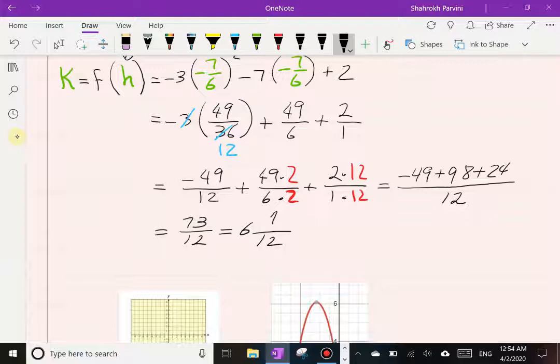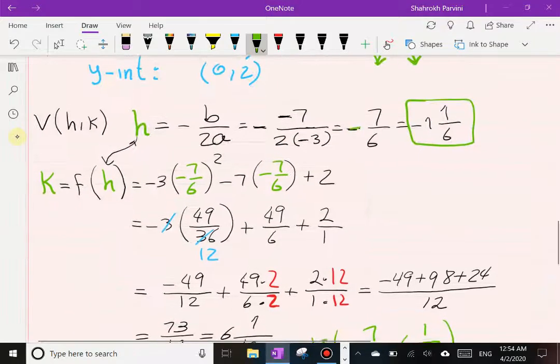Now, of course, I have the computer-generated graph, but I'll try to graph this by hand, just to go through the motions. But at this point, we have the coordinates of the vertex, folks, right? So our vertex is going to be at negative 7/6, 6 and 1/12. And remember, negative 7/6 I have it up here.